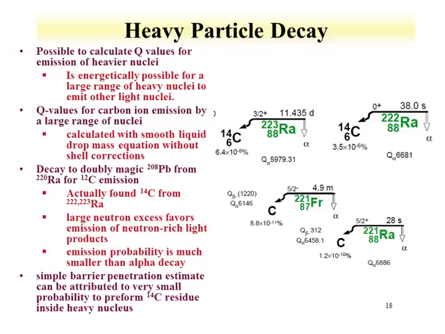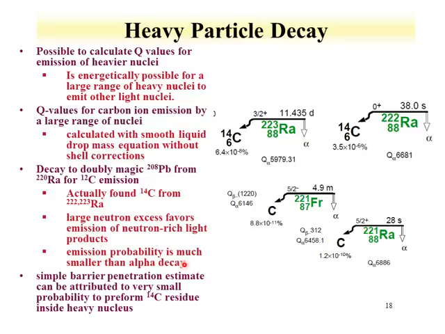Now, by inspection of the table of the isotopes, you can look at radium-222 and radium-223, and you'll see that there's a small branch of carbon-14 emission. The reason there's a bit of a neutron excess is that this favors emission of neutron-rich light products.